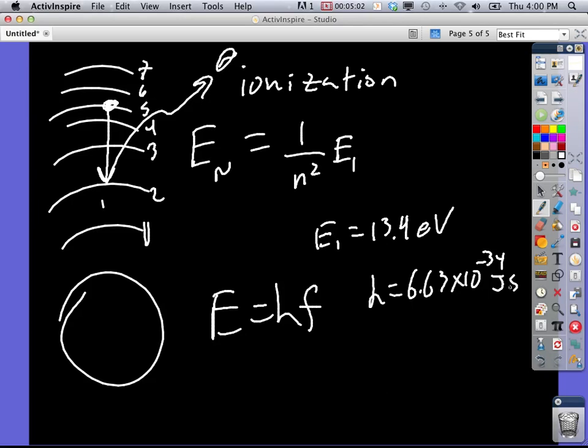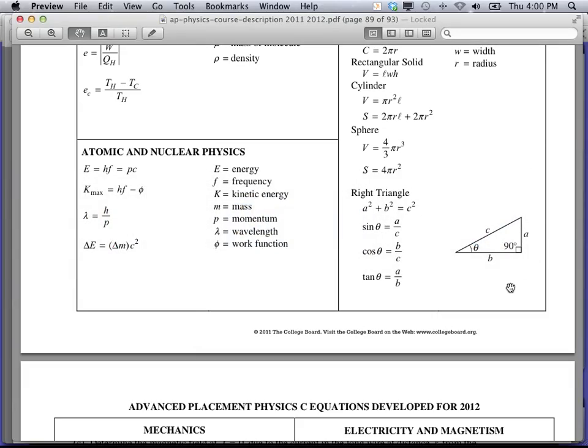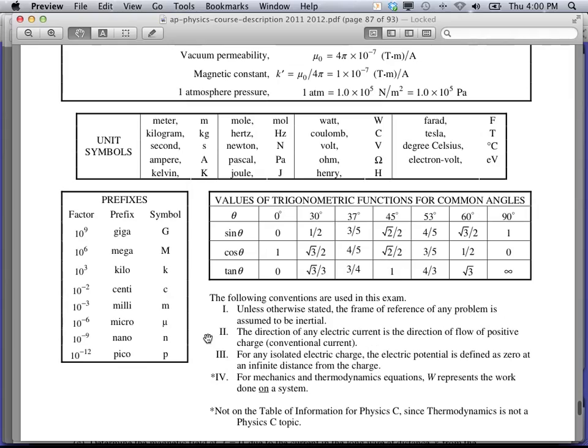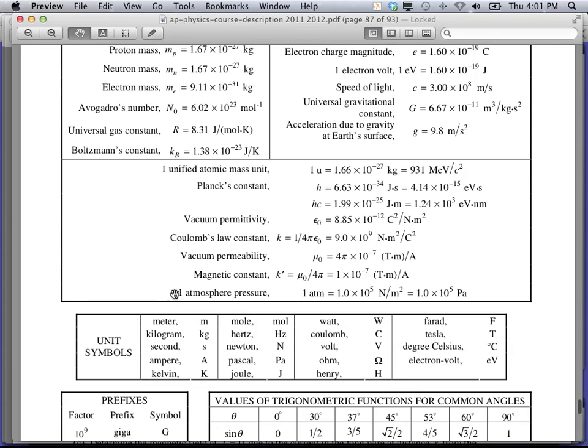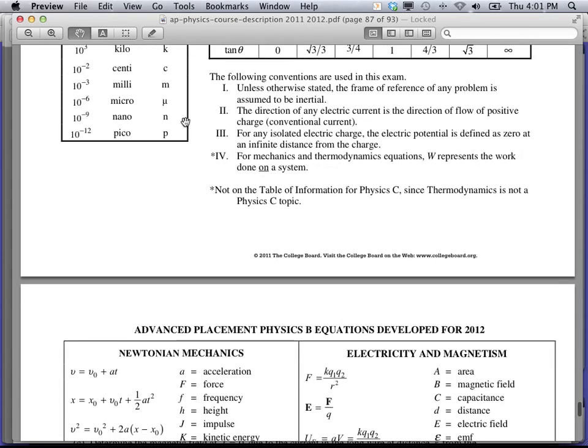It tells you on your formula sheet what an electron volt is. Somewhere. I swear it does. Okay, there it is. Oh, it's the charge of an electron, but in joules. I forgot about that. An electron volt is the charge of an electron in joules.